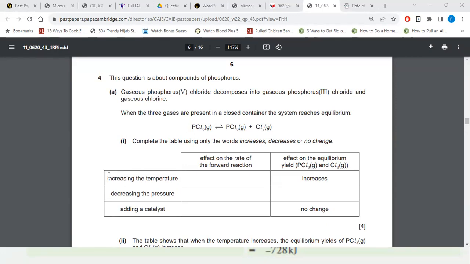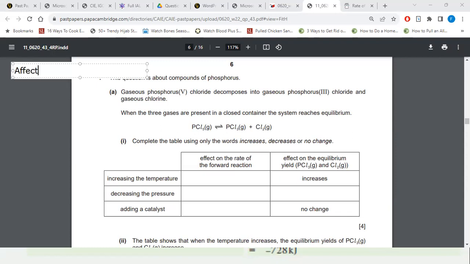So, let's discuss. First things first, we have to talk about rate of reaction, not equilibrium, rate of reaction. So right now, I wrote down everything for you. I had told you what is the effect on the rate of reaction.